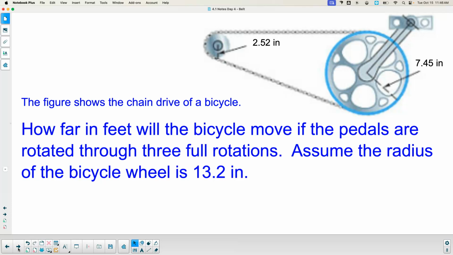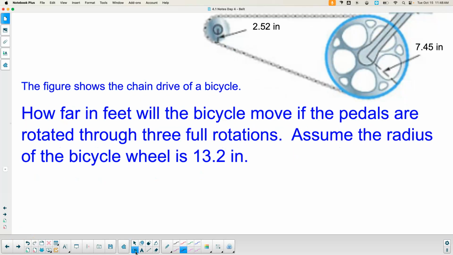So it's 3 radian. No. 3 full rotations, so 3 revolutions. No. Try that one. Give it a shot. What's our starting? What's our given? What do we got from the start?